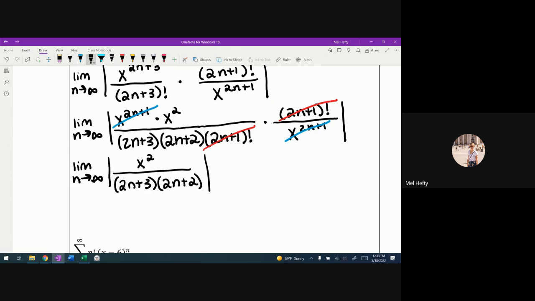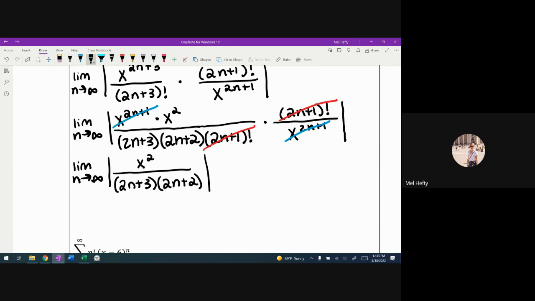There's lots of people. All right, ready? Are you ready for this limit? With respect to this limit, what is the variable? N, which means x is not a variable. X is a number, which means I have a number over stuff with n's in it.